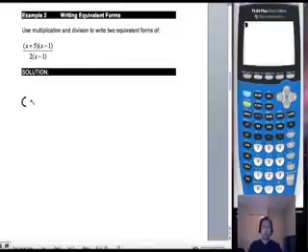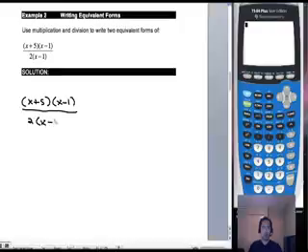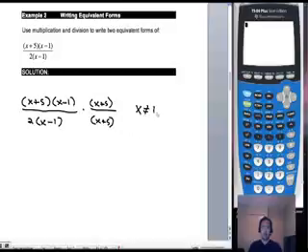Okay, so we'll just write out the original equation. And we decide to multiply it by x plus 5. Let's state our non-permissible values here and here.